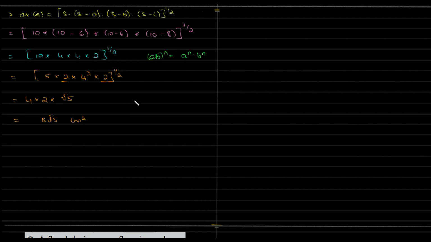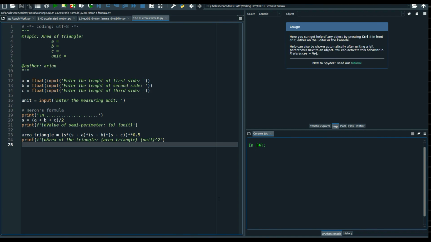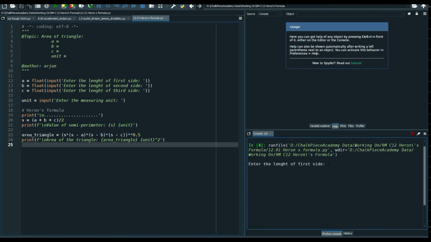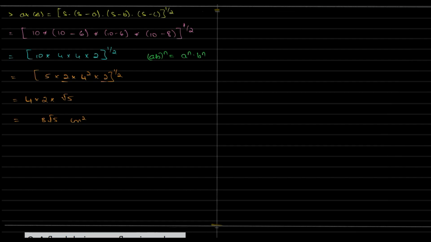So let's verify this. It's been a few problems that we used Python code, so let's verify this. We have 3 sides of length 6, 6, and 8, and the measuring unit is centimeter. So semi-perimeter is 10, and area of the triangle is 17.88.